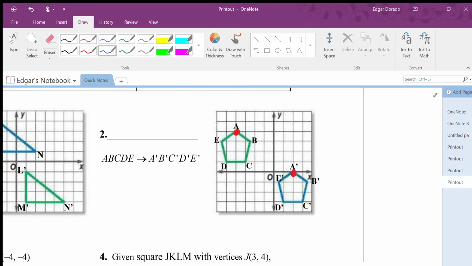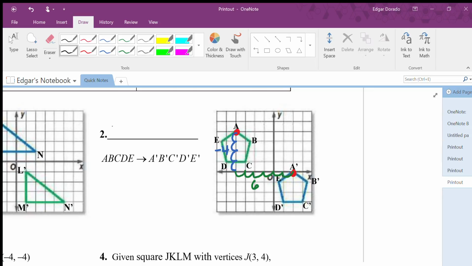So once again, let's figure out from A to A prime, in what two directions did I go? I went down 1, 2, 3, 4, just 4, and then I went to the right, 1, 2, 3, 4, 5, 6. So right 6 and down 4.